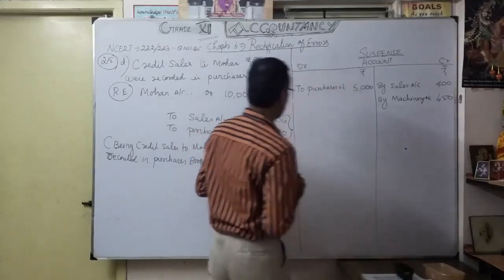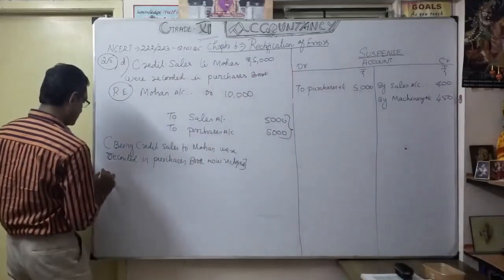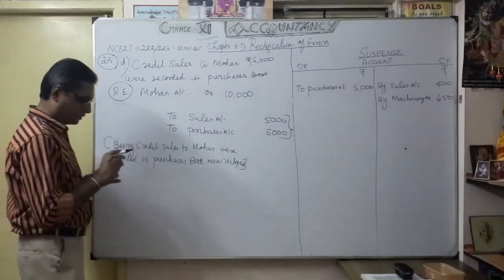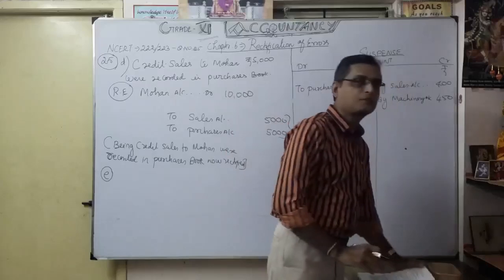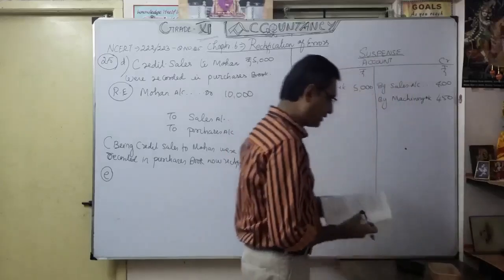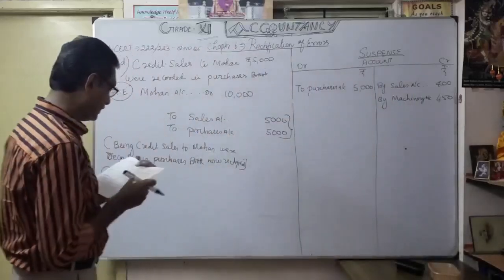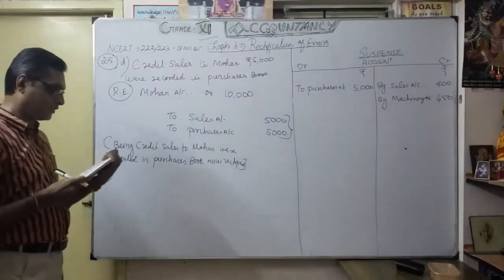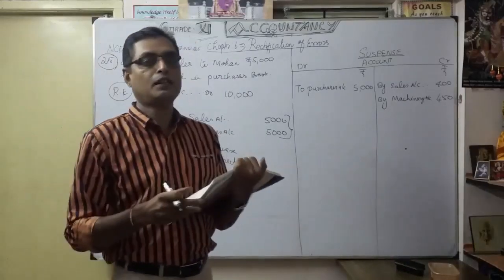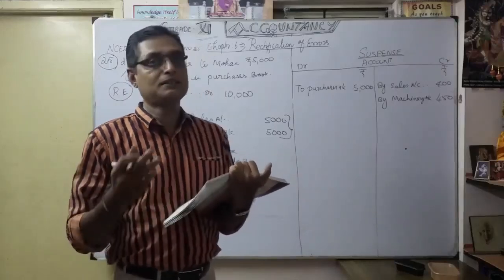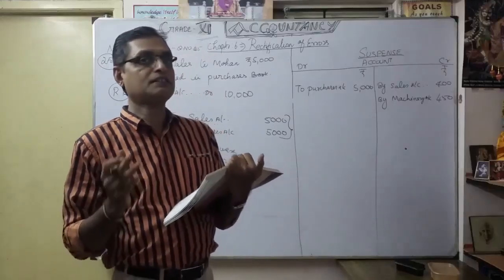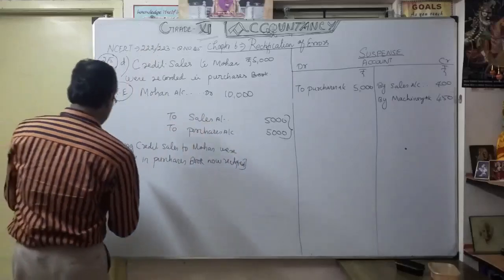Okay, then the next one. You understood? Very important. Here suspense account won't come, so whatever you have for Morgan account 5,000, you will make it 10,000 to remove that. Then goods returned to wrong, 1,000, were recorded in sales book. So what happened? Actually it is the goods return, and goods return means purchase return. But the return was recorded in sales book. So what is the direct rectification entry?